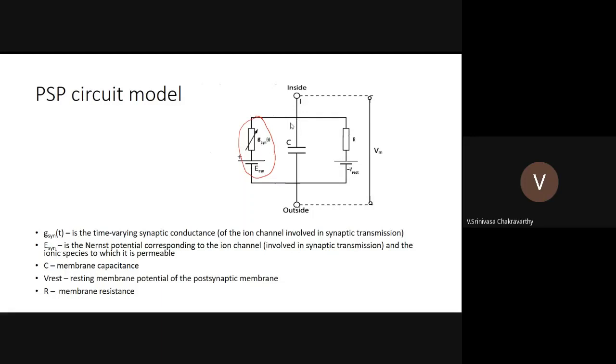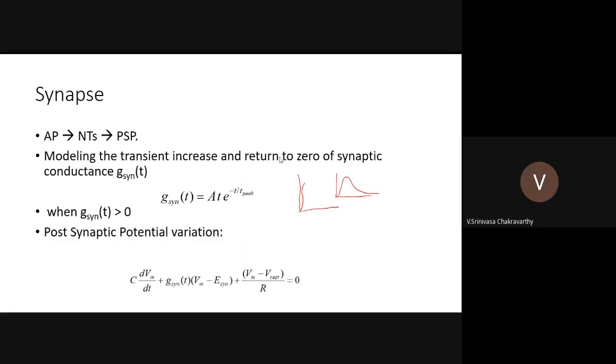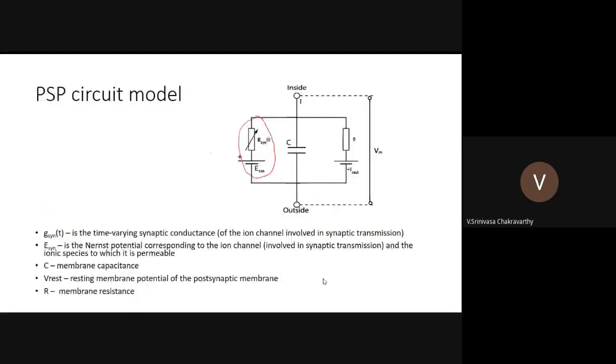This is Vm. So it is C dVm by dt plus G_syn times Vm minus E_syn plus Vm minus Vrest by R.